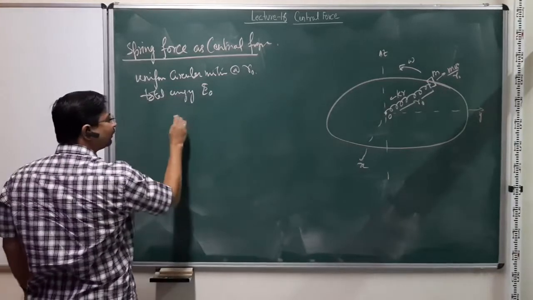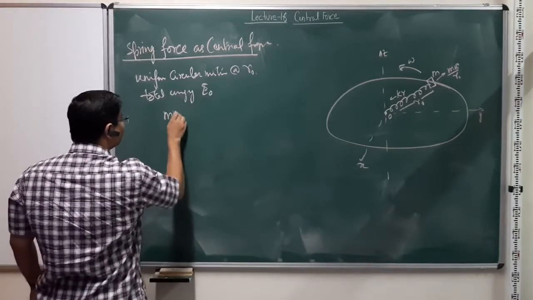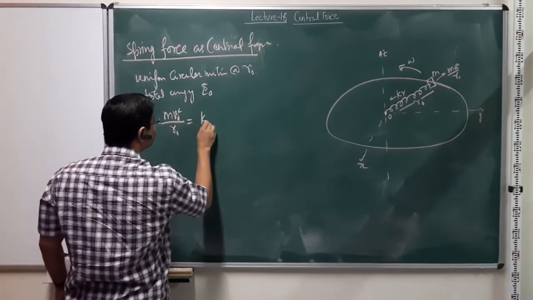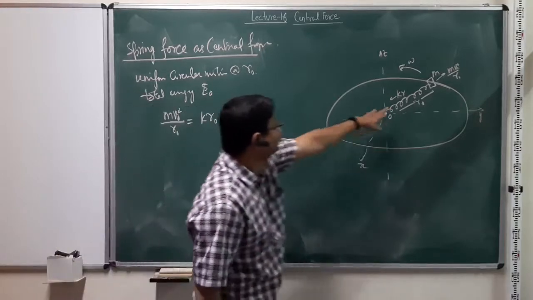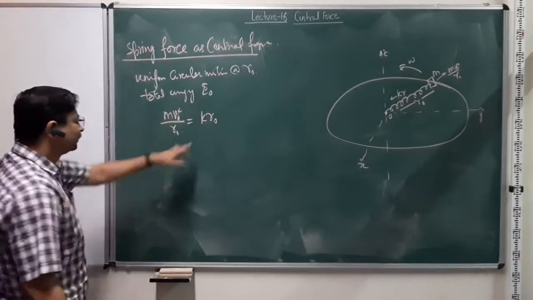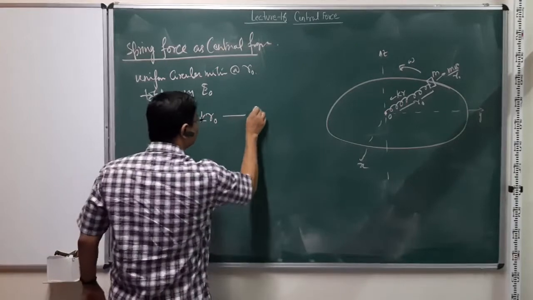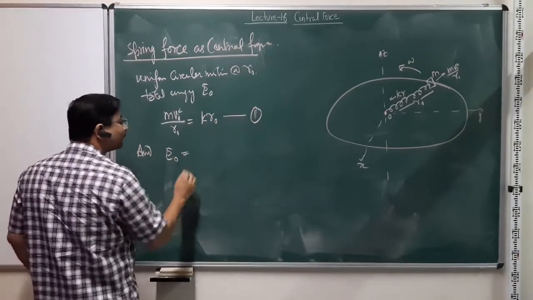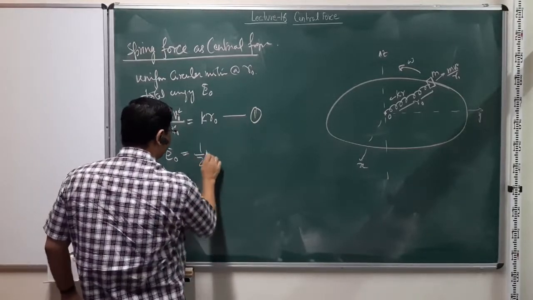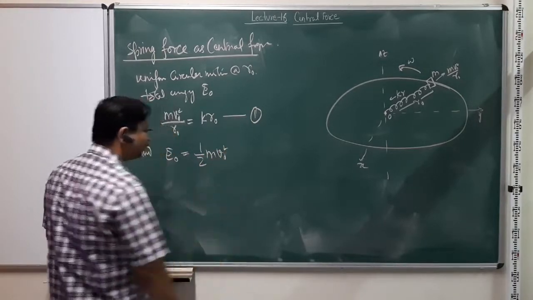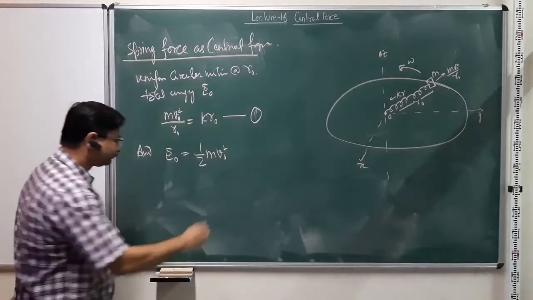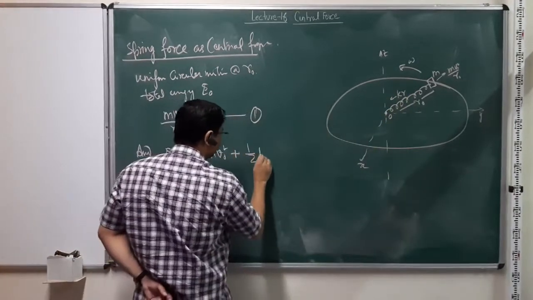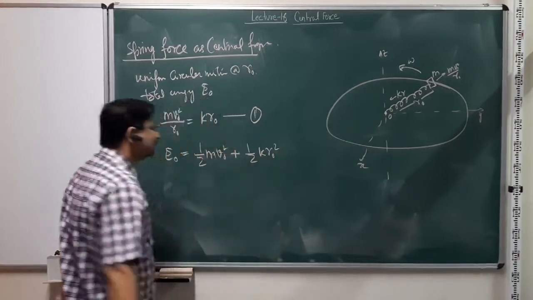So what we can write down for this system is m v0 square over r0 equals k r0, the inward spring force. So this is equation 1, and E0 is half m v0 square, the kinetic energy of the mass, plus the potential energy because of the spring, half k r0 square, right?